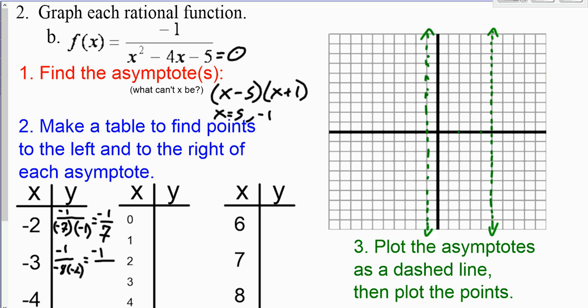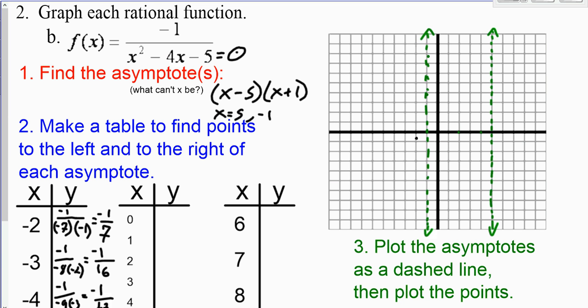negative 1/16, and at negative 4, I'm going to be negative 9 times negative 4 plus 1 is negative 3, so I get negative 1 over 27. So getting smaller and smaller as I move out. At negative 2, I'm negative 1/7, so I'm somewhere around there.